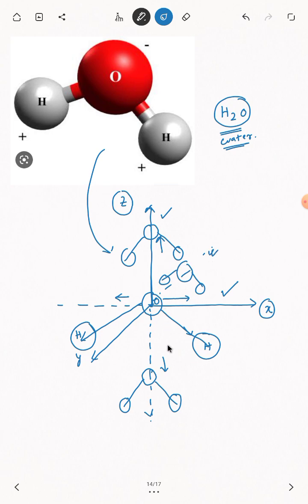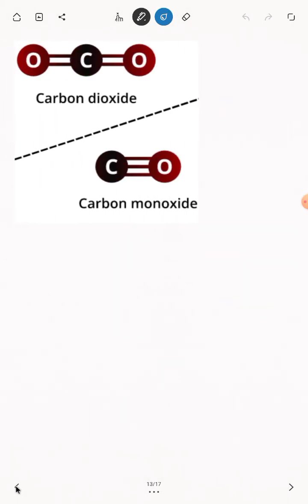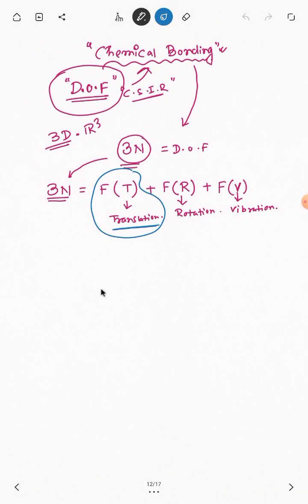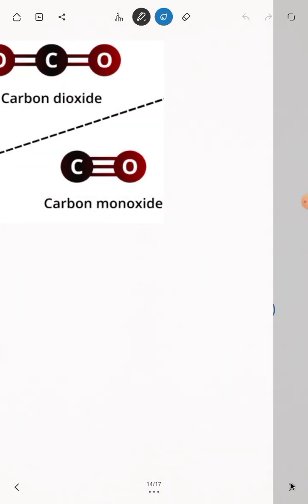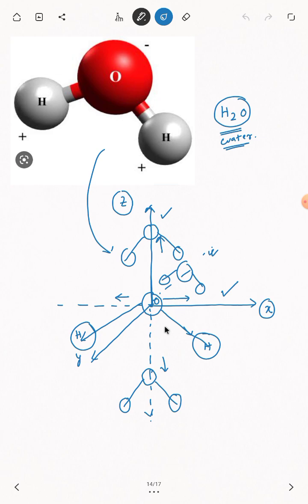So how many translational motions is this system enjoying? This is clearly 3: along the X axis, along the Y axis, along the Z axis. Clear? I think all of you have a good idea about it. In case of any difficulty, please comment.